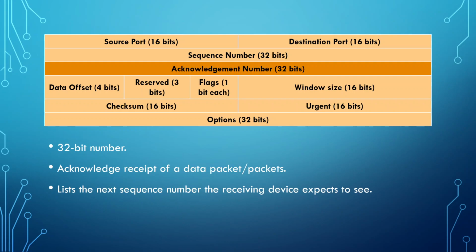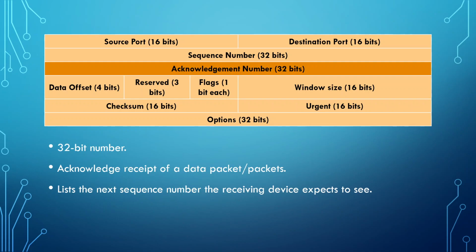The next field we have is called the acknowledgement field. The acknowledgement field is a 32-bit number, and it's used to acknowledge the receipt of data packets. Essentially what the acknowledgement field says is that not only have I received the data that you have just sent me, Mr. Sender, but I'm also listing the sequence number that I expect to see in the next TCP packet.